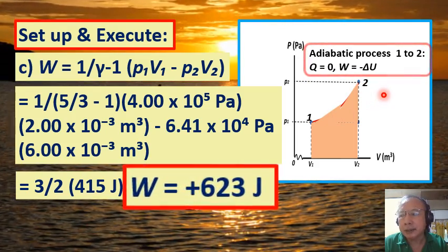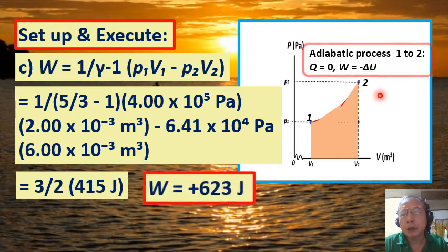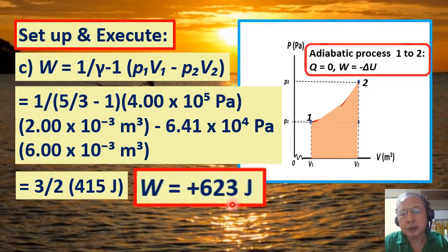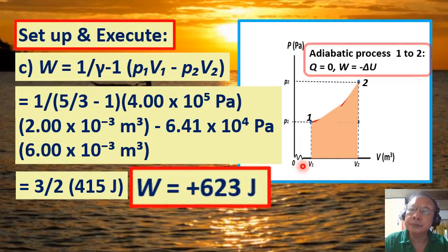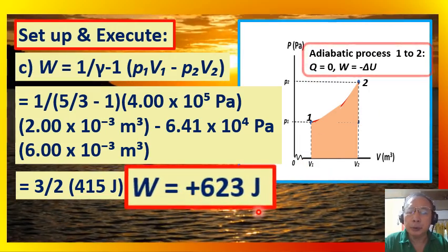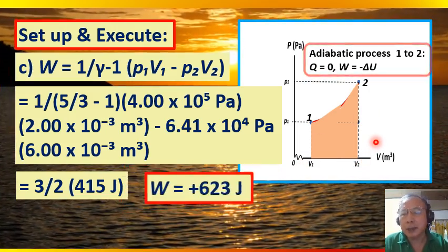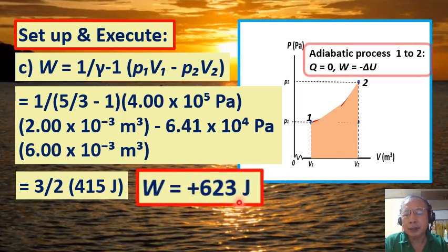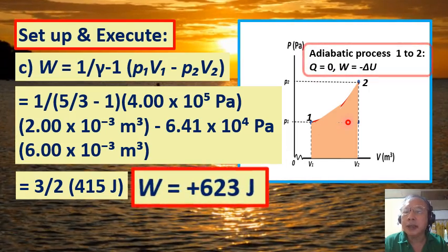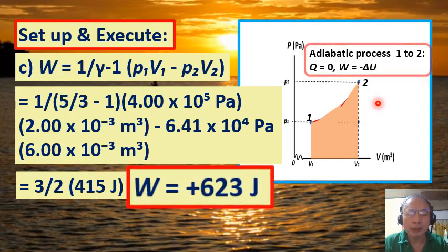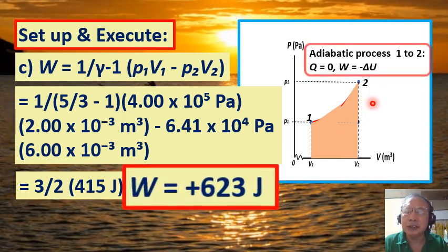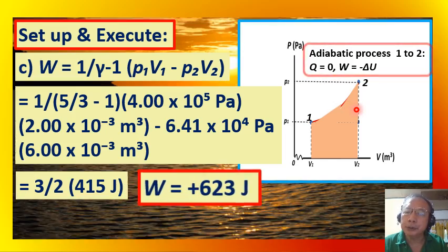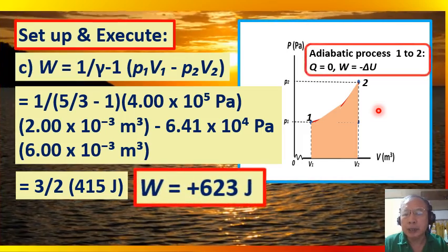The temperature of the system decreases because there is work done by the system. So when work is done by the system on its surroundings, it's positive, then it corresponds to a decrease in the internal energy of the system. In other words, the absolute temperature of the system will have to decrease.